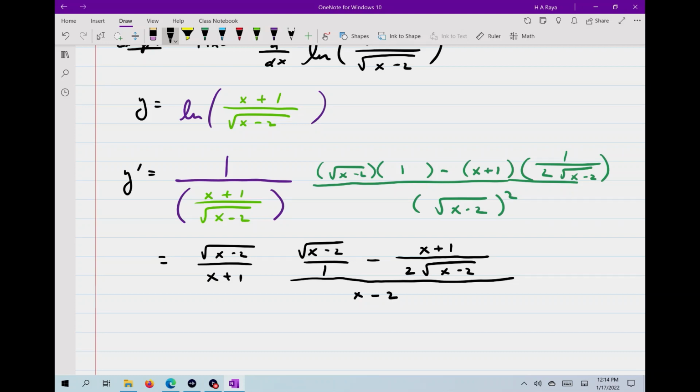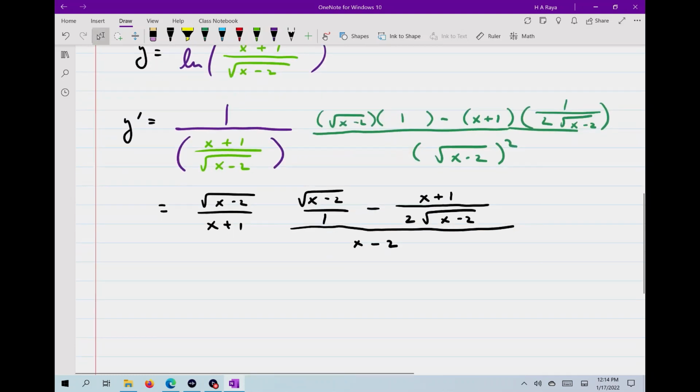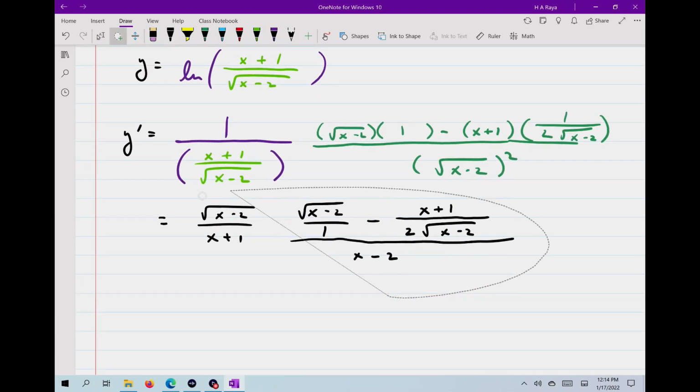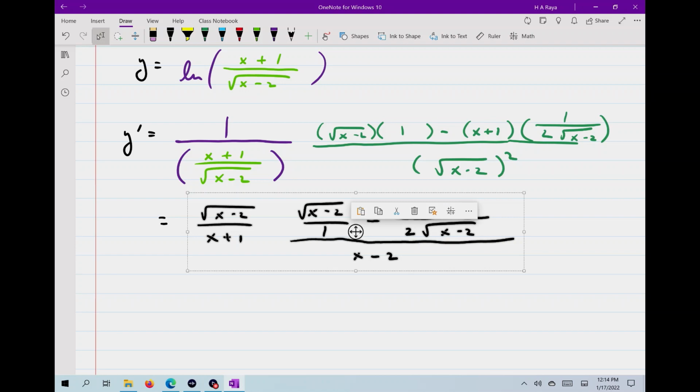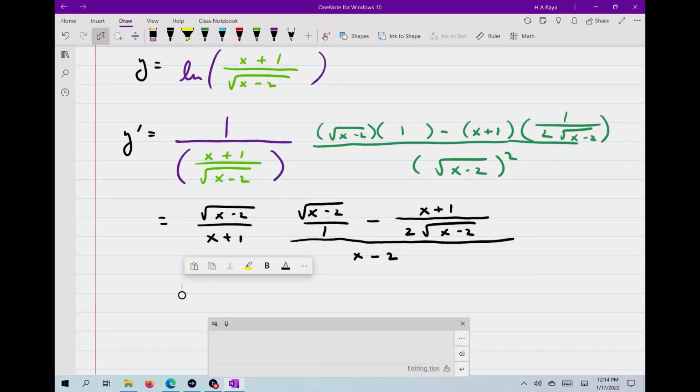Now notice that in this numerator, I have two fractions that I can add the old-fashioned way by considering their LCDs. Their LCD is 2 square root of x minus 2. So what I'm going to do is just copy all of this here and introduce a special value there to add the two fractions together.